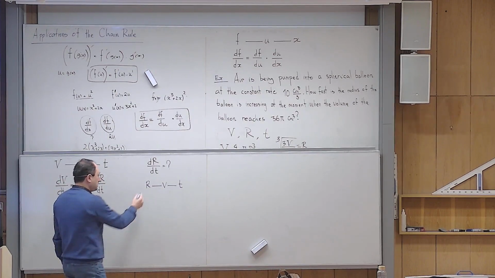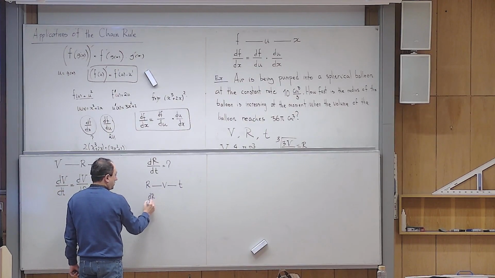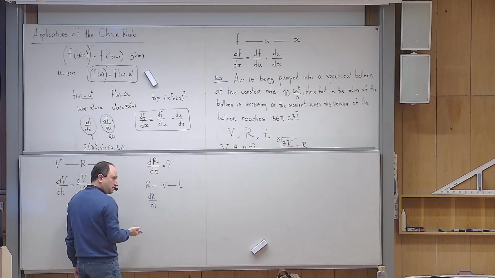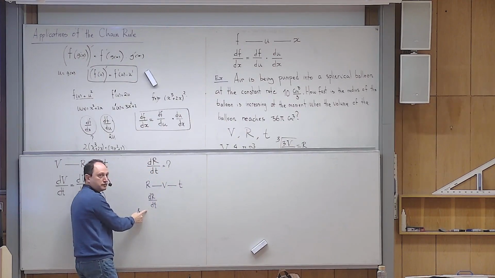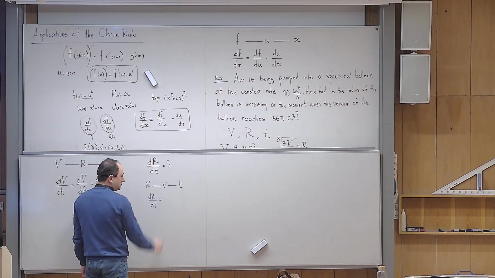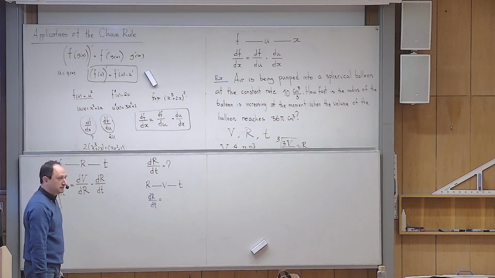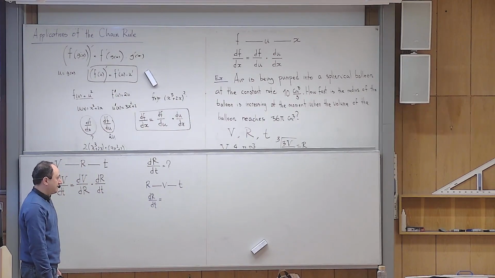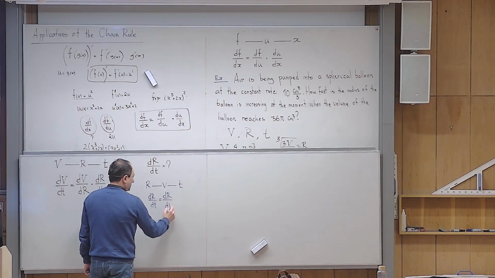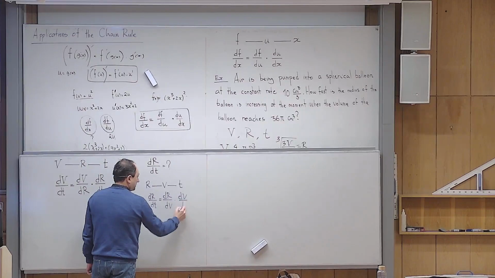In that case, can you write this? You can write dr dt, because you see that the question mark is dr dt, so it is natural to start from this perspective. And then what should I write? Yes, dr dV, and then dV dt.